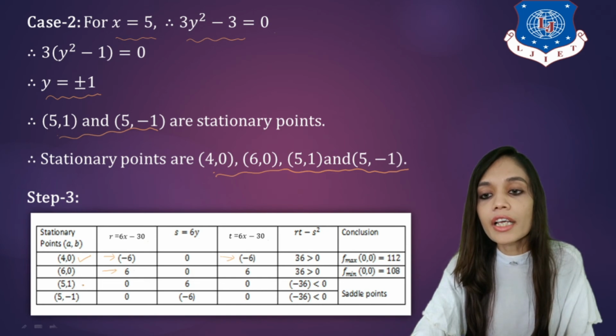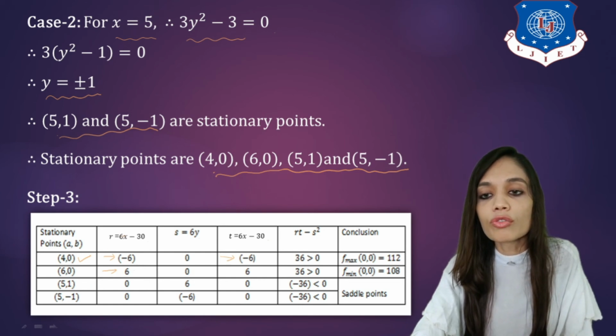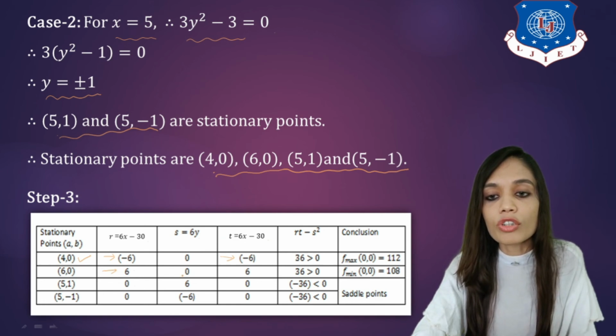Now let us find at point (5, 1). So on putting x is equal to 5 over here, you will get 30 minus 30, that is equal to 0. Now if you put y as 1 in this, you will get s as 6 and similarly t will be equal to 0 because it is same as r. Now find rt minus s square. So it will be 0 minus 6 whole square.